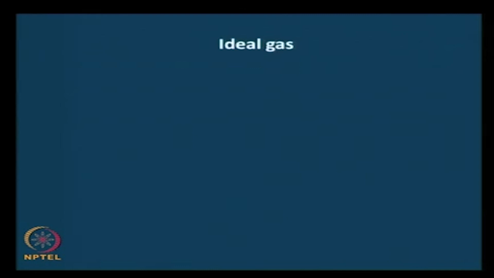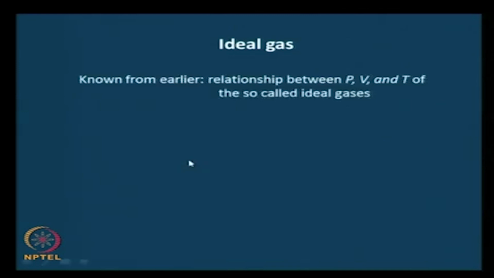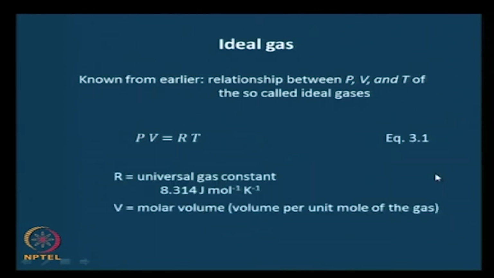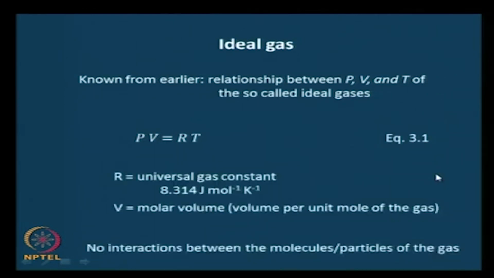That was the whole scheme of things for this module, and we first looked at an ideal gas, which you are already familiar with from your earlier classes. So, we will not spend much time on that. We know that the relationship between PV and T for an ideal gas is PV equals RT for 1 mole of an ideal gas, or molar volume considered here, and this results when there are no interactions between the molecules of the gas.